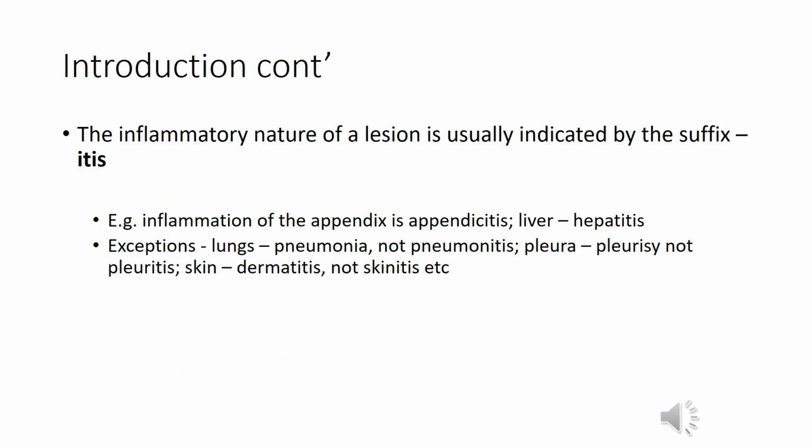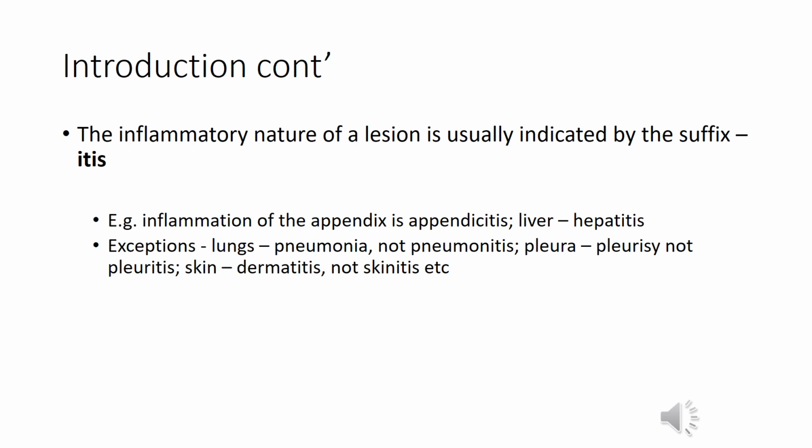Commonly, when an organ or a tissue is inflamed, there will be a way that it is described, and you will usually know that description by the suffix itis. So we shall give a few examples. For example, inflammation of the liver would usually be referred to as hepatitis.